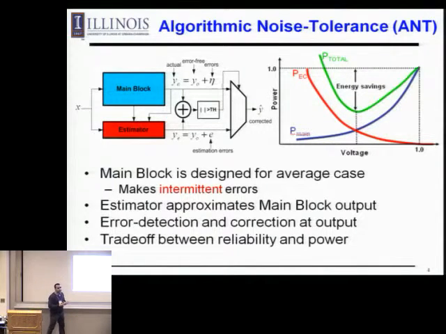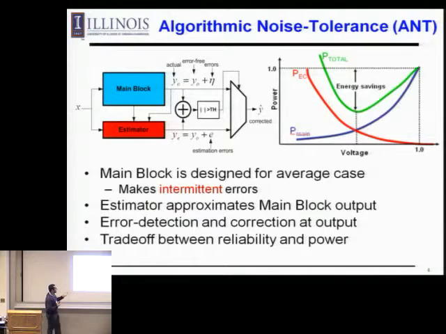The estimator can be designed to operate error-free at very low overhead and low voltage. So your only error is estimation error, and usually this error is small. By comparing the two outputs, if there's a large difference, we take the estimated output, and if there's a small difference, then we take the main block output.